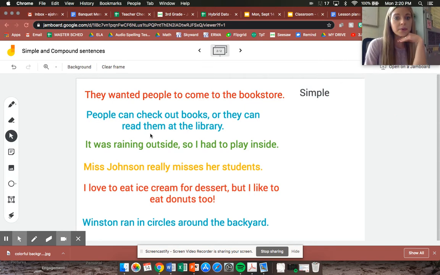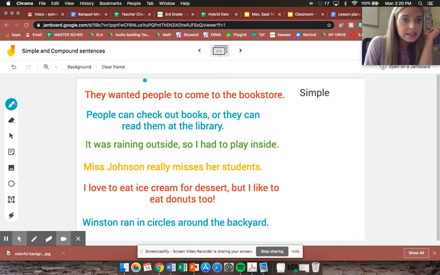Number 2, people can check out books or they can read them at the library. What do you think? Do you think that is a simple sentence or a compound sentence? Think, does it have one thought or two thoughts? If you're thinking that it is a compound sentence because it has two thoughts, you are correct. People can check out books. They can read them at the library. Two different thoughts, right? And they're joined together by a conjunction, and the conjunction is the word or right here.